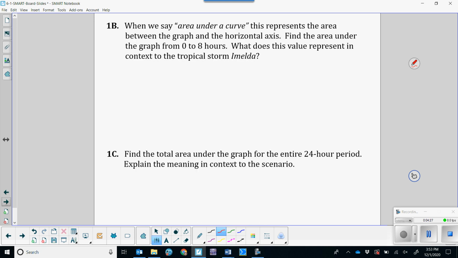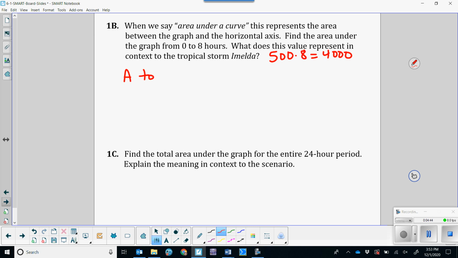We know the answer, which we wrote on the graph, but we'll write it here. 500 times 8 is the rectangular area, which is 4,000. What does it represent in the context of this problem?